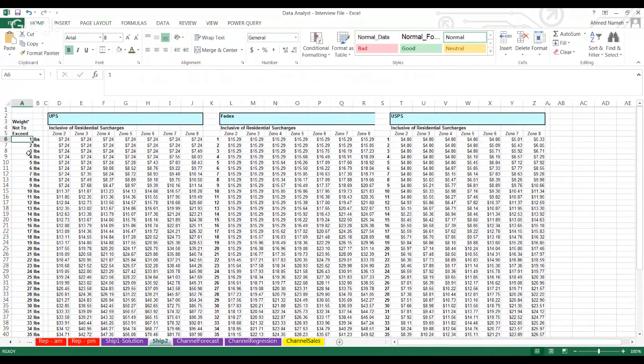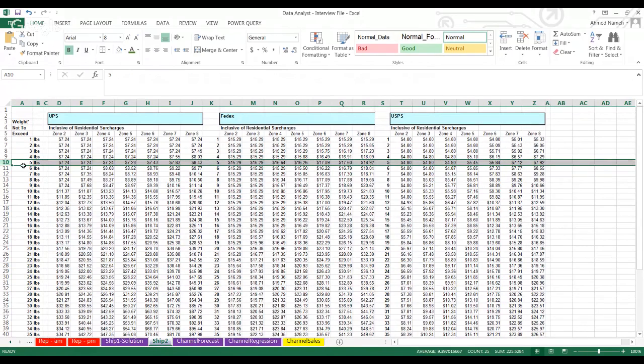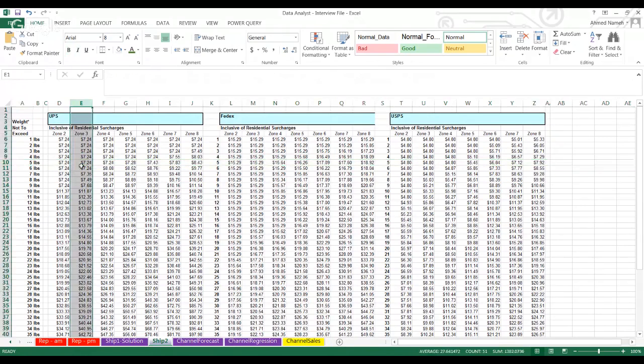So for example, if you've got a shipment that's 4.9 pounds in zone 3, you would have to look at the weight 5 column, and you would then look at zone 3, and your rate would be 7.24, assuming that the carrier is UPS.